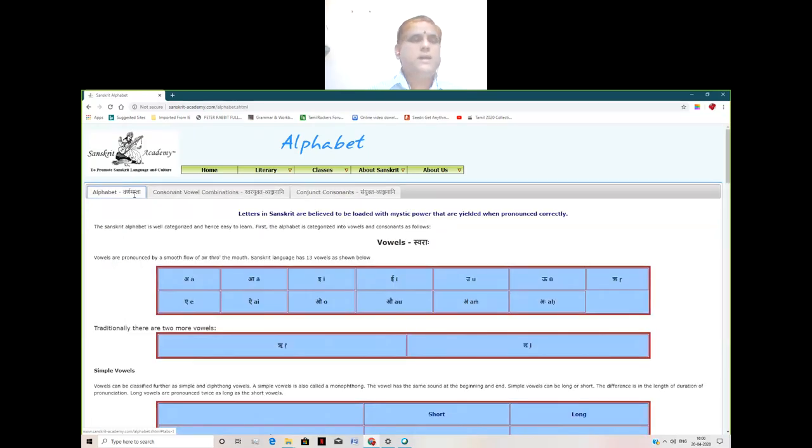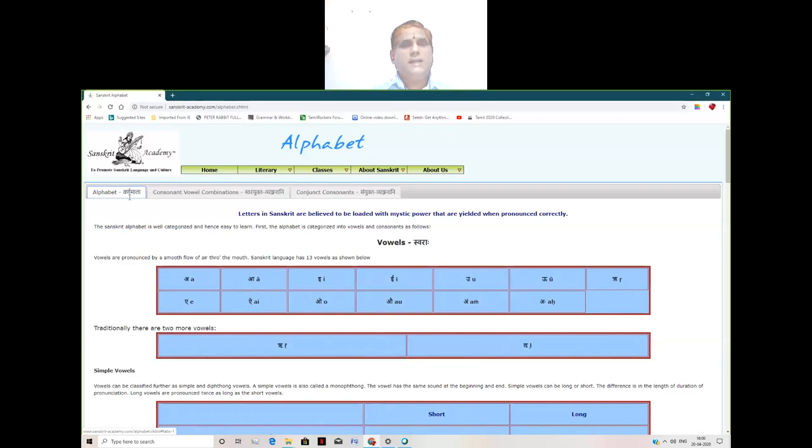Since you all are Kendriya Vidyalaya students, you need not worry much about writing these letters of the Devanagari script. You should have the basic knowledge of Devanagari script, children.